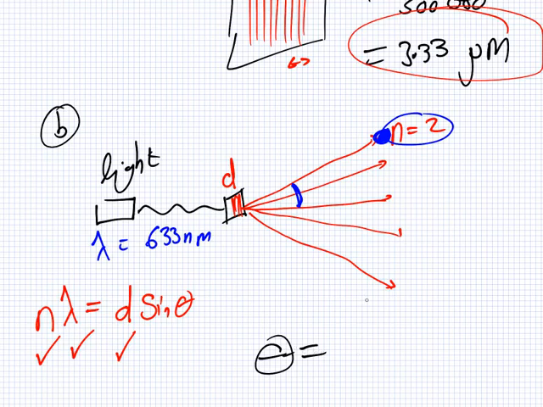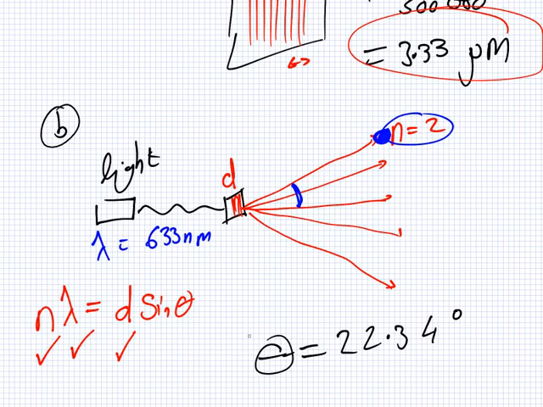Not yet. Yes? 22.34, correct. That's the theta. What's wrong? Did you not get this?